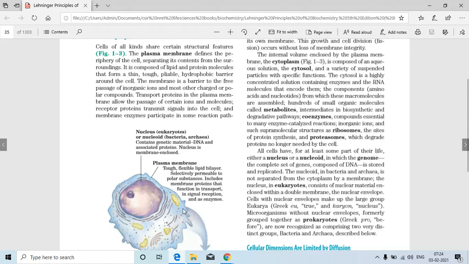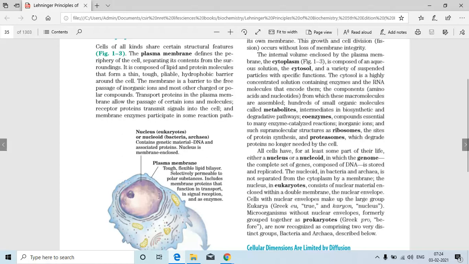Lipid and protein molecules, this is the first point. So what is its nature? It is a thin, tough, pliable, and hydrophobic barrier around the cell. That is the characteristics of the plasma membrane.